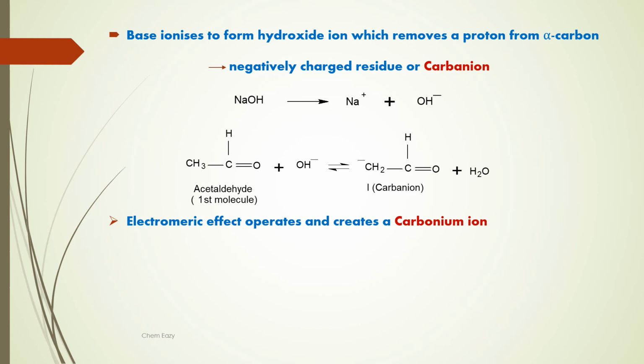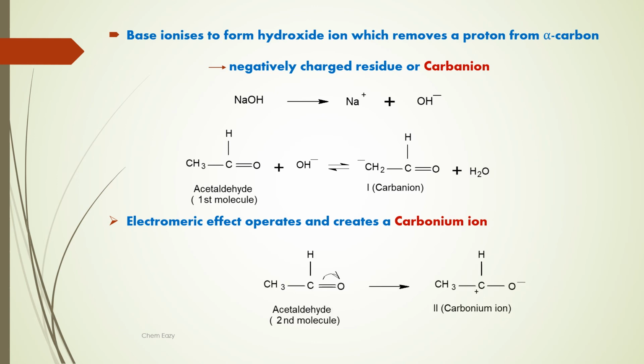From this first molecule of acetaldehyde, hydroxide ion removes a proton and produces carbanion, structure 1. In step 2, the electromeric effect operates on the second molecule of acetaldehyde and creates a carbonium ion.